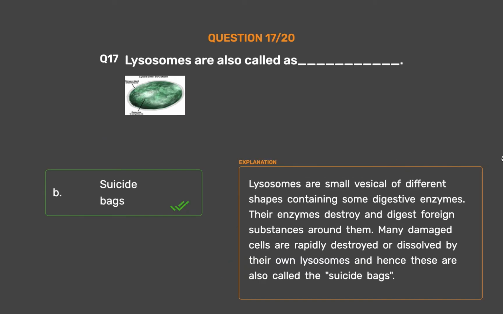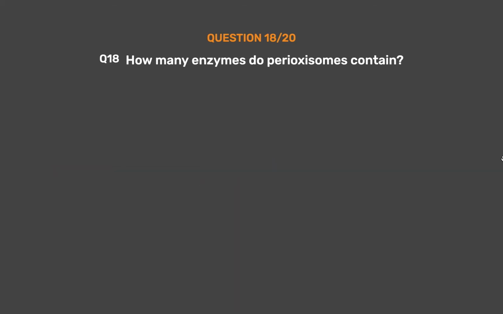Lysosomes are small vesicles of different shapes containing some digestive enzymes. Their enzymes destroy and digest foreign substances around them. Many damaged cells are rapidly destroyed or dissolved by their own lysosomes, and hence these are also called the suicide bags.